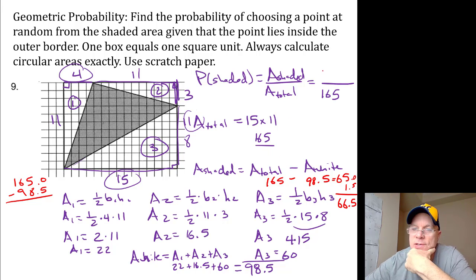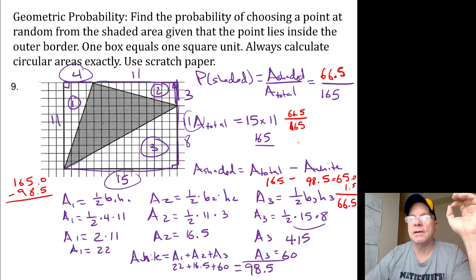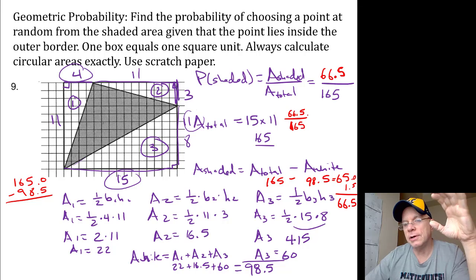So the shaded area is 66.5, but this is not simplest form. This 66.5 over 165, it's kind of like the opposite. Usually we have to simplify by dividing out a common factor. Here we need to multiply by some version of 1.